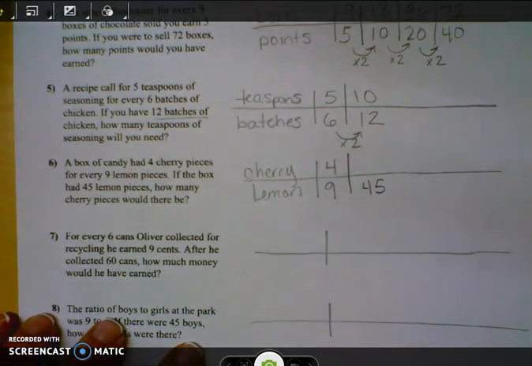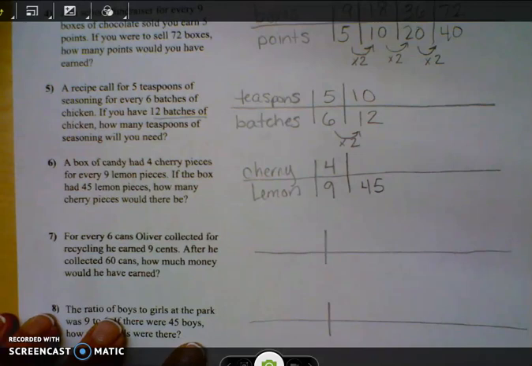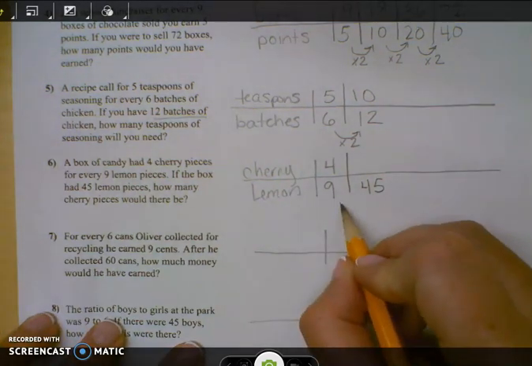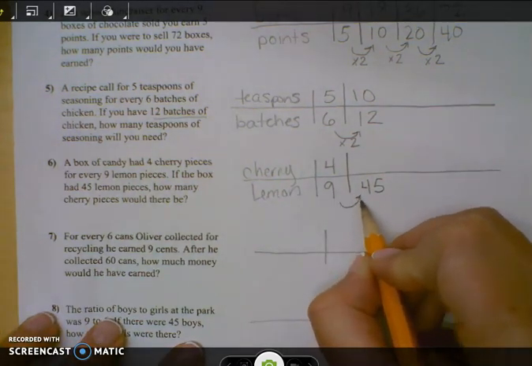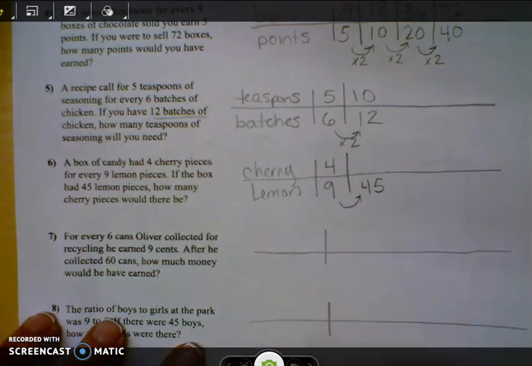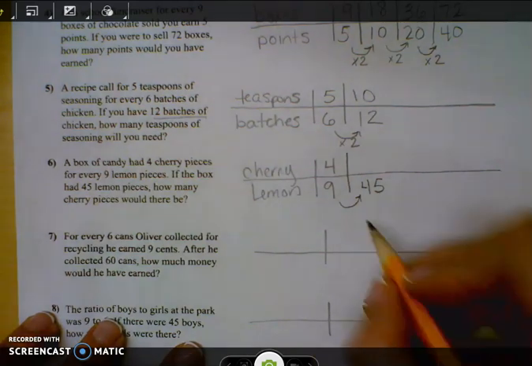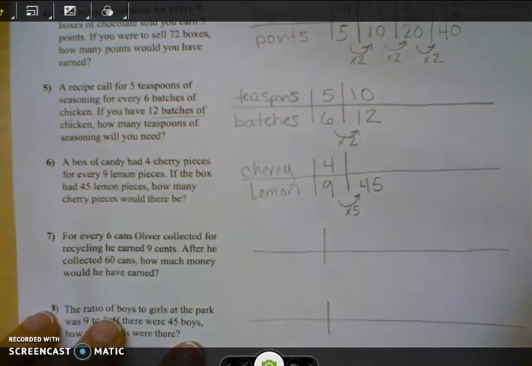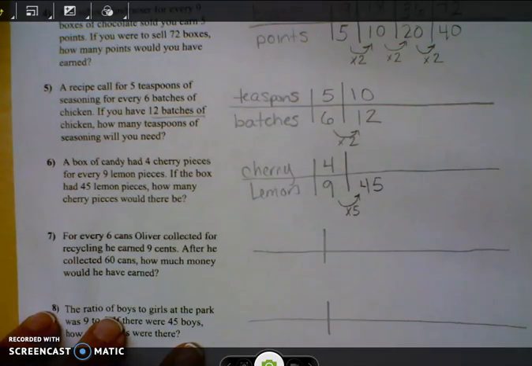So let me think. Is there a way for me to make my ratio larger by multiplying and scale up from 9 to 45? So I have to think 9 times what makes 45? I know that 9 times 5 makes 45. If I make my ratio 5 times larger, that should give me my answer.